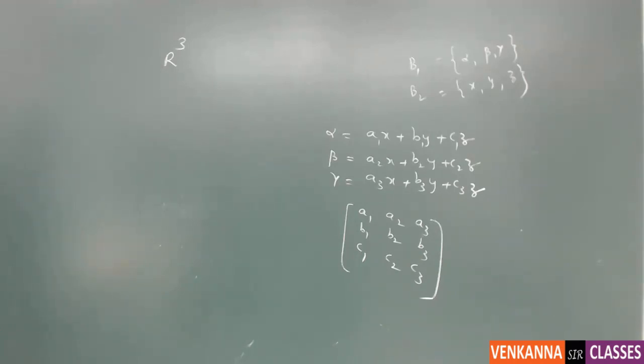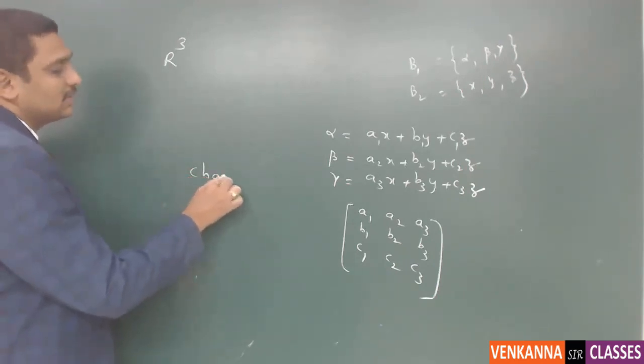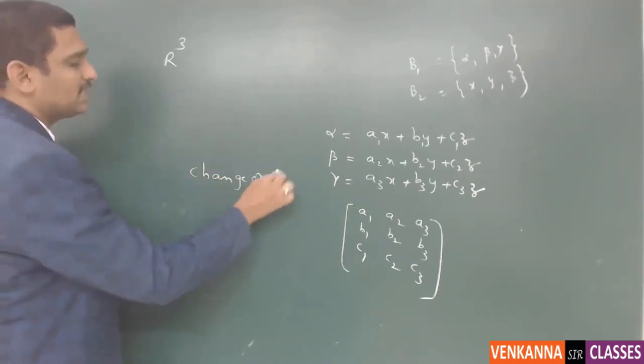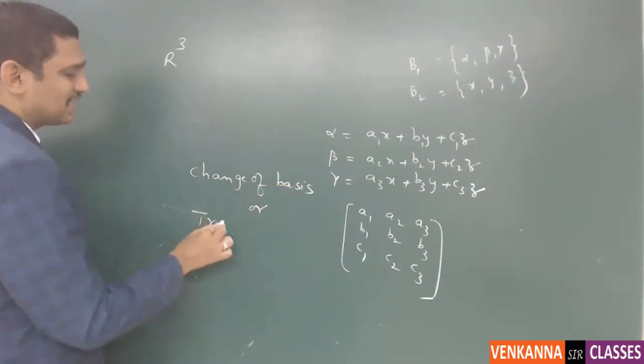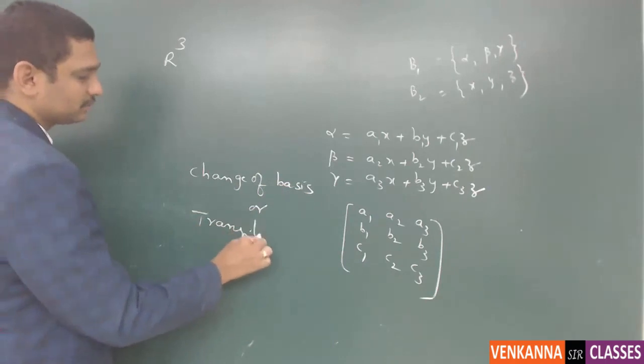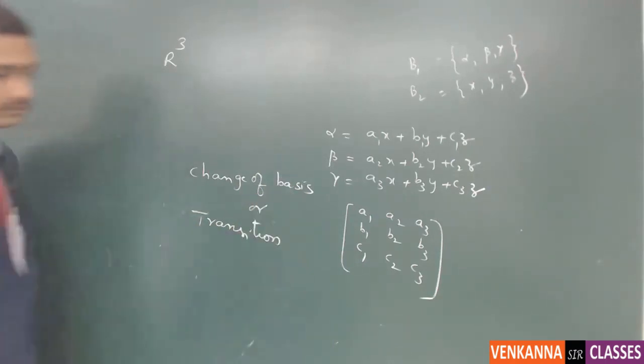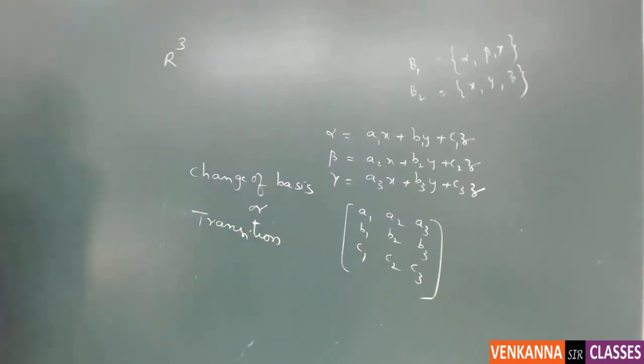So obviously I will get the scalars. I am writing the scalars as columns of matrix. This matrix, we call it as change of basis matrix or transition matrix. So here I have written B1 using B2.